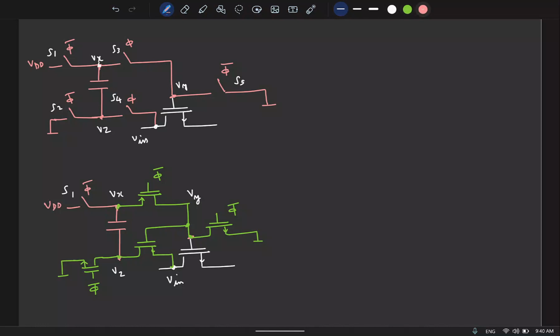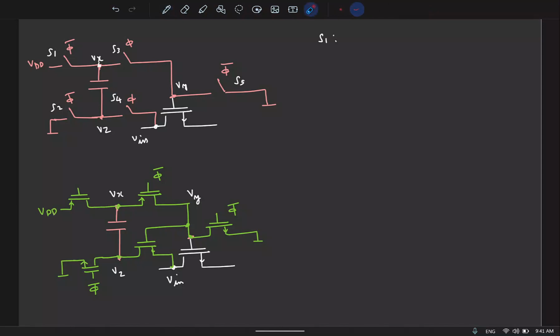Again, if you look at S1, its job is to connect this node Vx to VDD. So what switch is good? PMOS should be good enough. So let us say for S1, I try to use a PMOS. This is VDD.